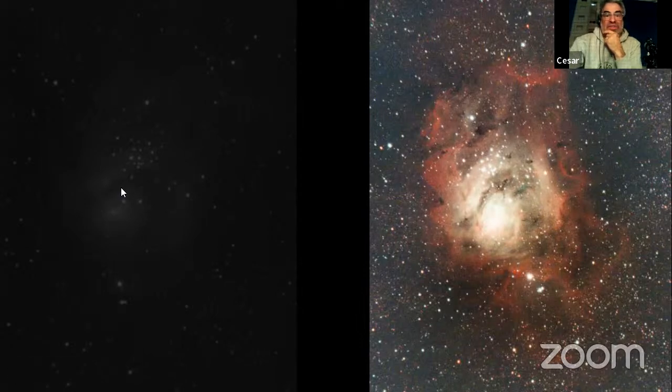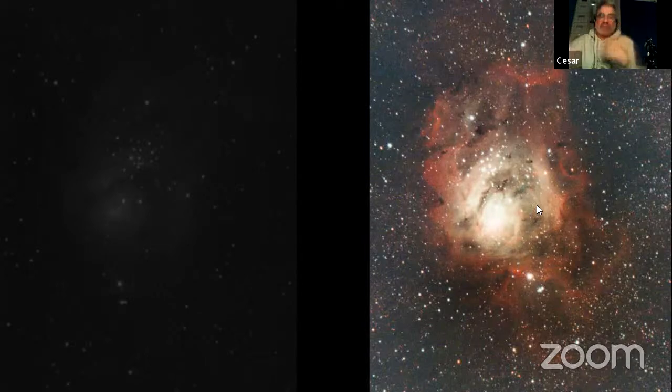But if you watch the Lagoon Nebula, you can see the difference in the shadows, and it's very different when you have a very long exposure picture of a nebula.